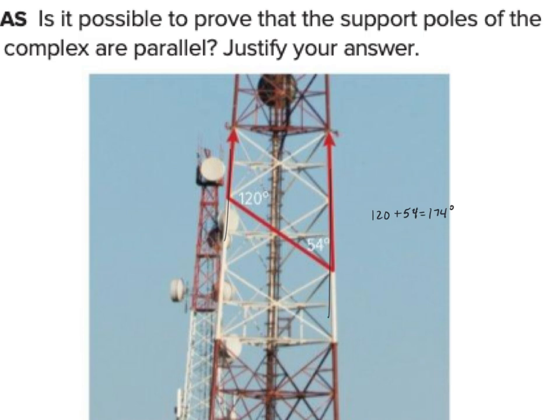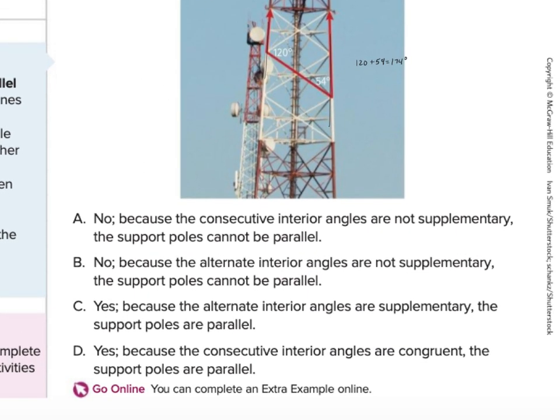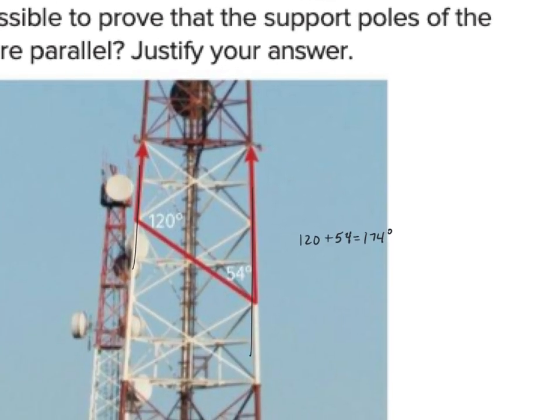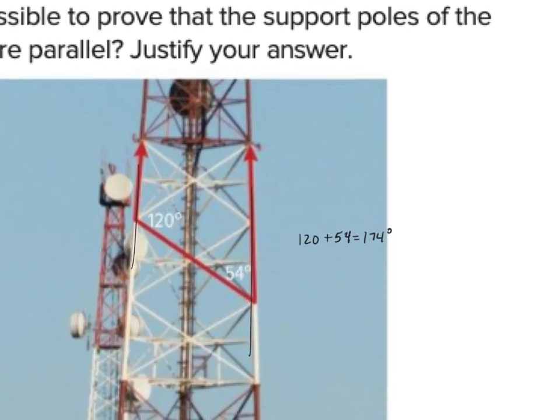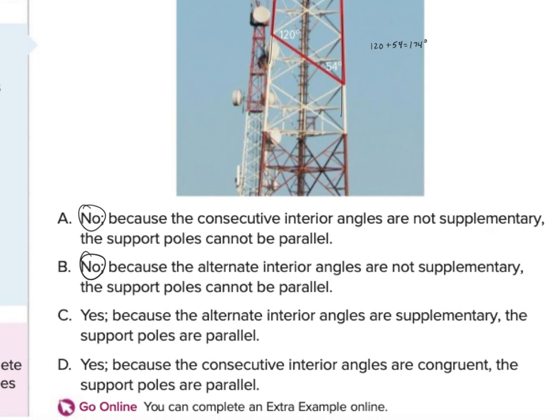So they are not equal. So I know that I have a no. They are not parallel lines because that does not equal 180 degrees. No, because of consecutive interior angles. Or no, because of alternate interior angles? Well, we know that they're not alternate interior angles. They're consecutive interior angles. And they did not add up to 180 degrees, so they are not supplementary.